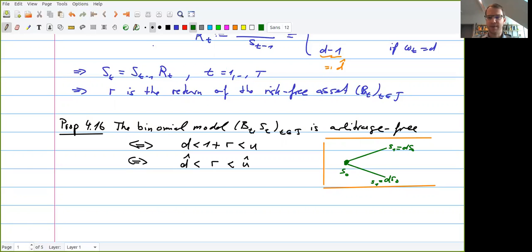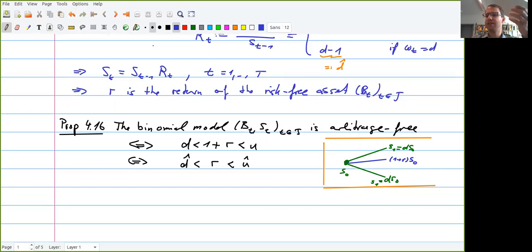And the arbitrage-free condition tells us that if we invest in the risky asset, it should give us either higher or lower returns than if we invest in the risk-free account, right? Somewhere in between should be okay.